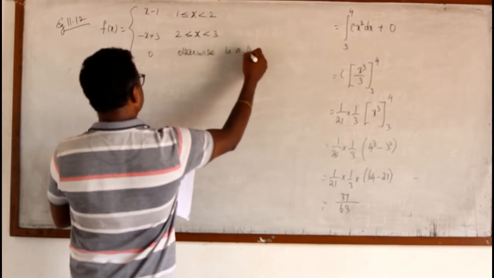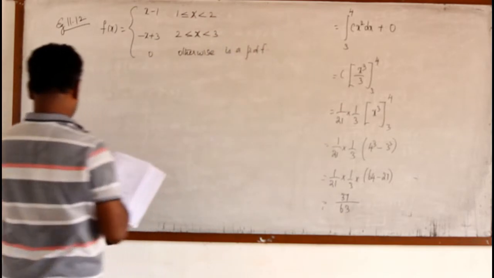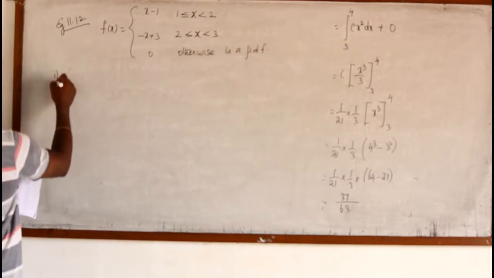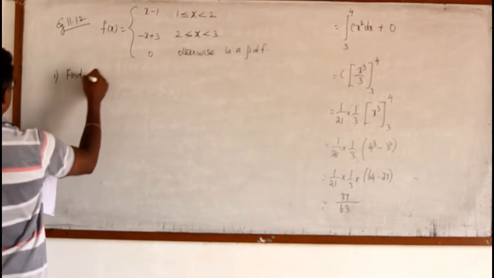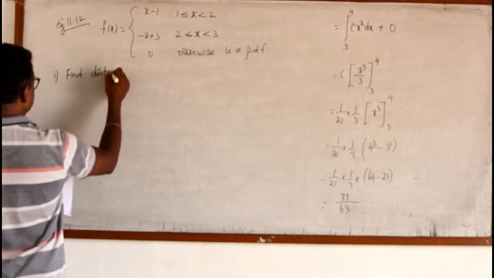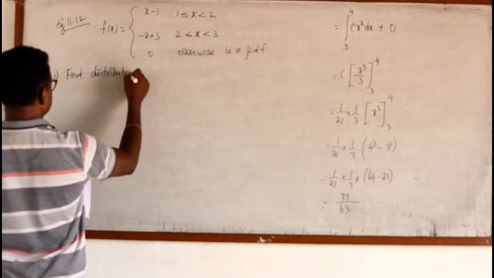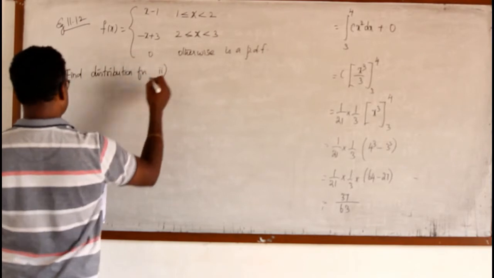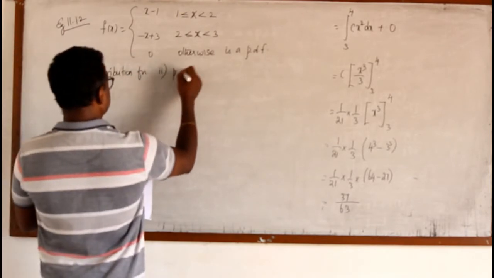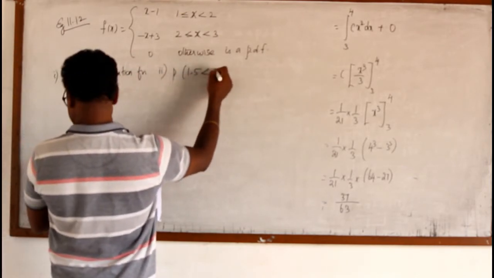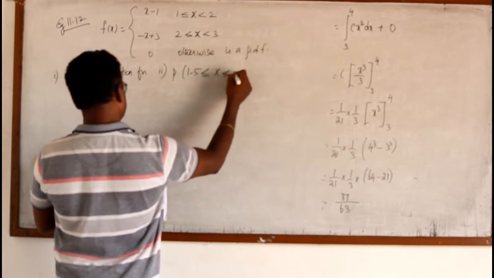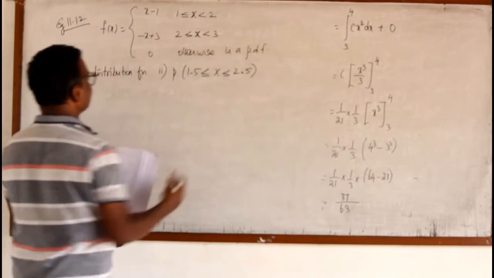Our first question is find the distribution function, here comes the cumulative distribution function. Second question, probability from 1.5 less than or equal to x less than or equal to 2.5.